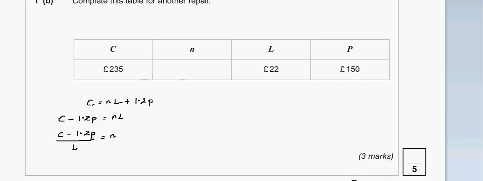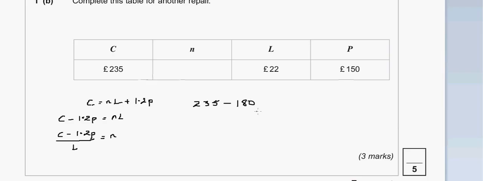So C I know is £235. Now from that we have to subtract 1.2P. Now P is 150, so I've got to multiply that by 1.2. So 150 multiplied by 1.2 gives me 180.